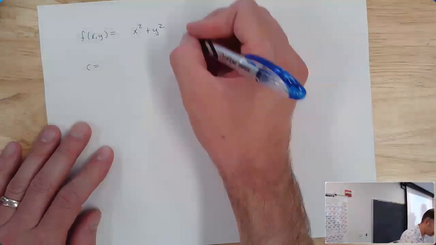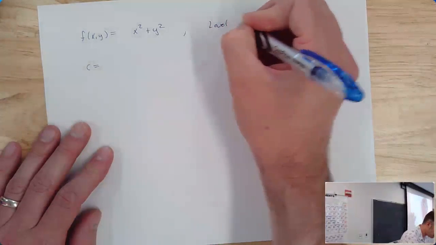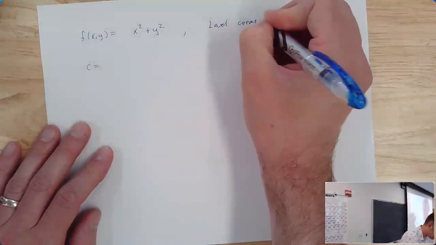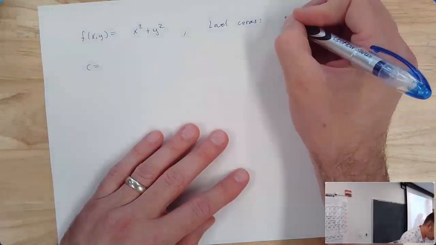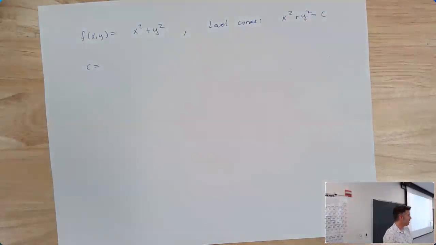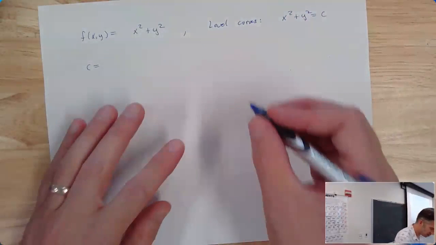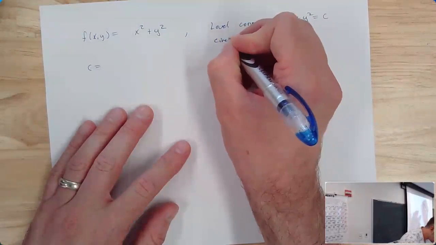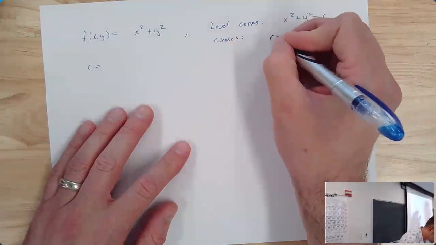We're going to set x squared plus y squared equal to c. So our level curves here are also circles, right? There's a lot of circles when you deal with these, not always circles, but a lot of times you get circles. Level curves here are circles. And what's their radius?